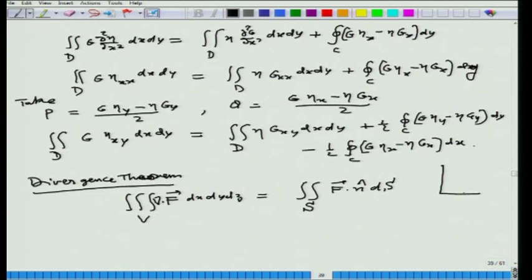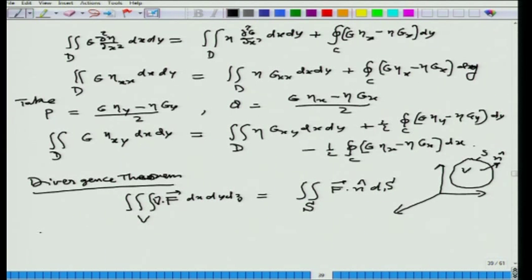Here we have the following picture. A certain bounded volume V is enclosed by the surface S. At any point the outward normal is given by n cap as usual, and the points are there in the domain V. So, this is the divergence theorem.